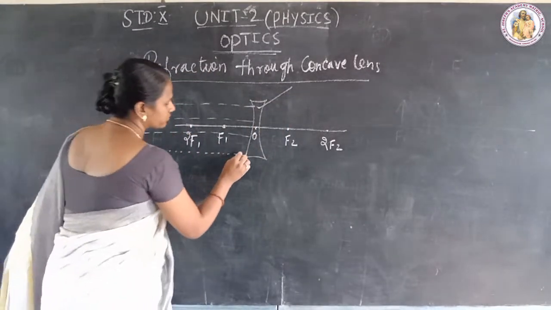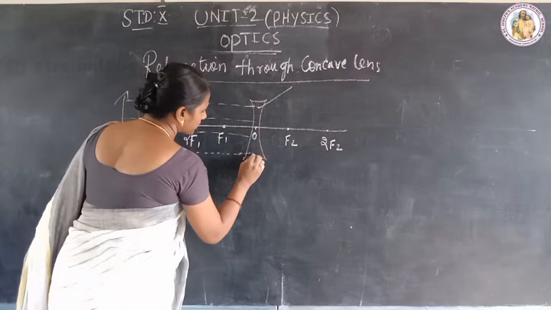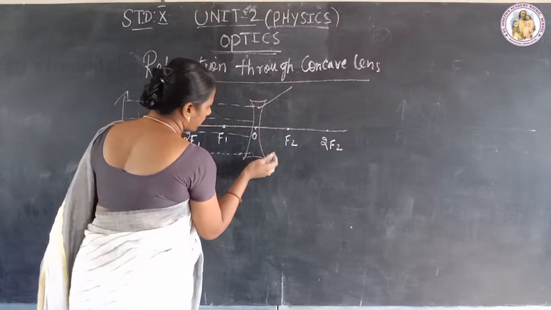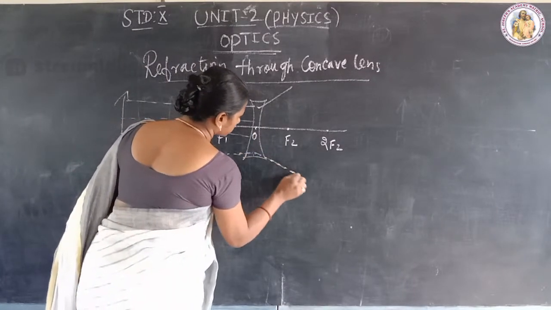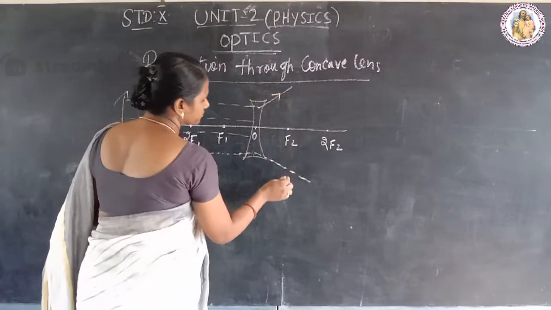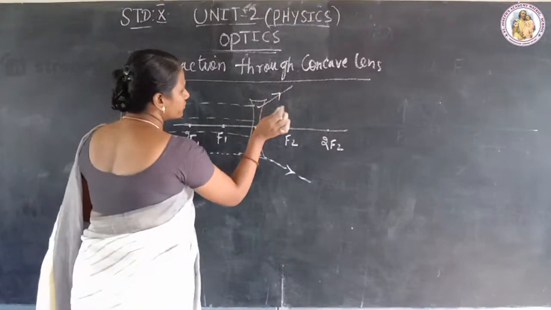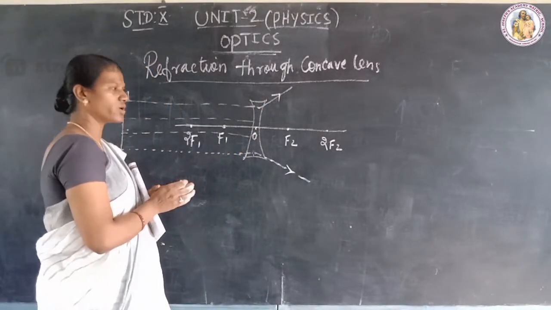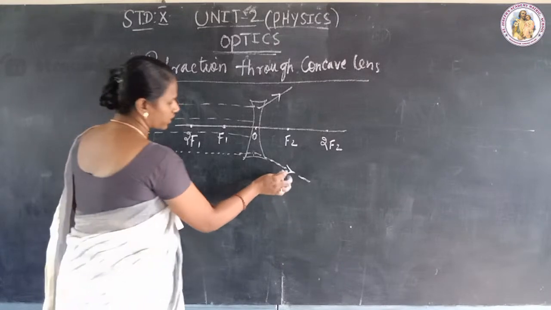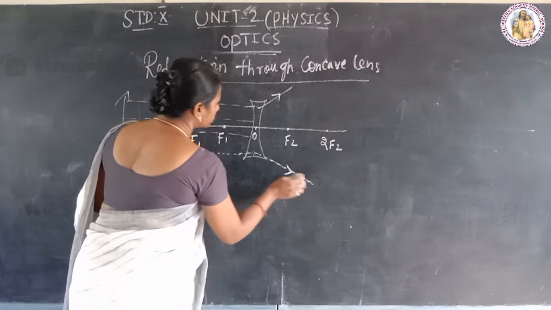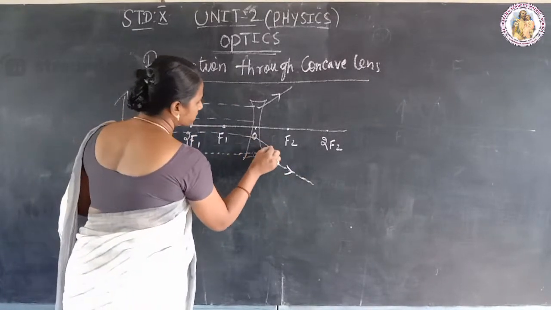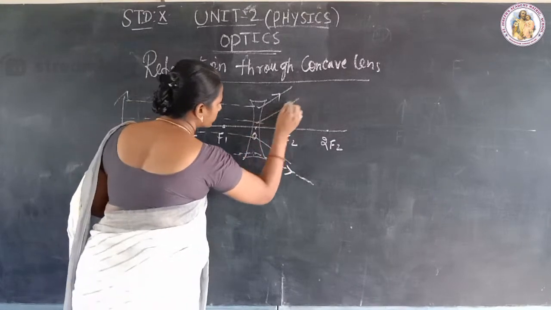After it falls on this lens, it is refracted and diverged. If rays converge, they meet at one point; if they diverge, they spread out from one point.